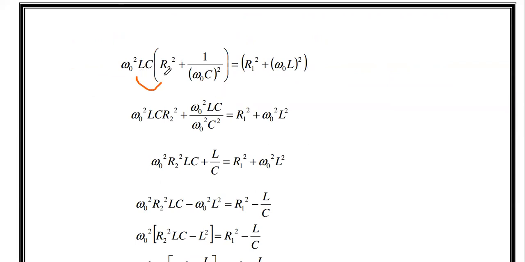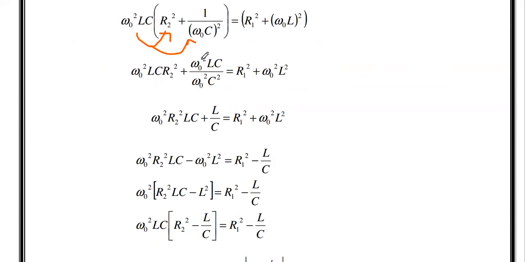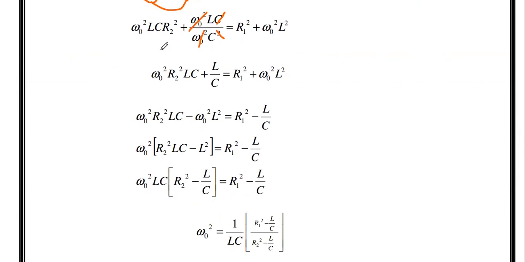Then you multiply omega naught LC with each term, so you split like this. Here the omega naught squared cancels, C and C cancel. So from that, omega naught squared times R2 squared LC plus L by C equals R1 squared plus omega naught squared L squared.